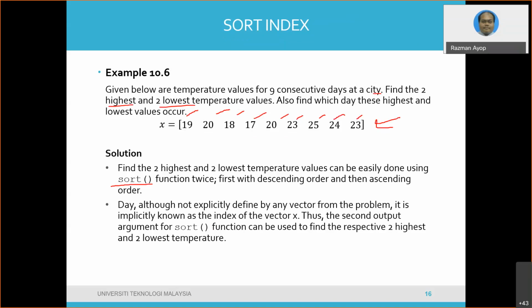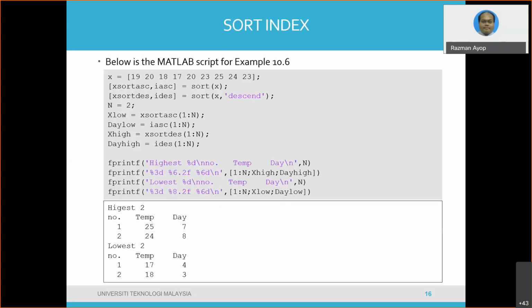And then you extract the index vector, because you want to know which day. So find the day: day 1 or day 2, day 3, day 4, day 5. For that, you have to use the index. So let us look at the code.